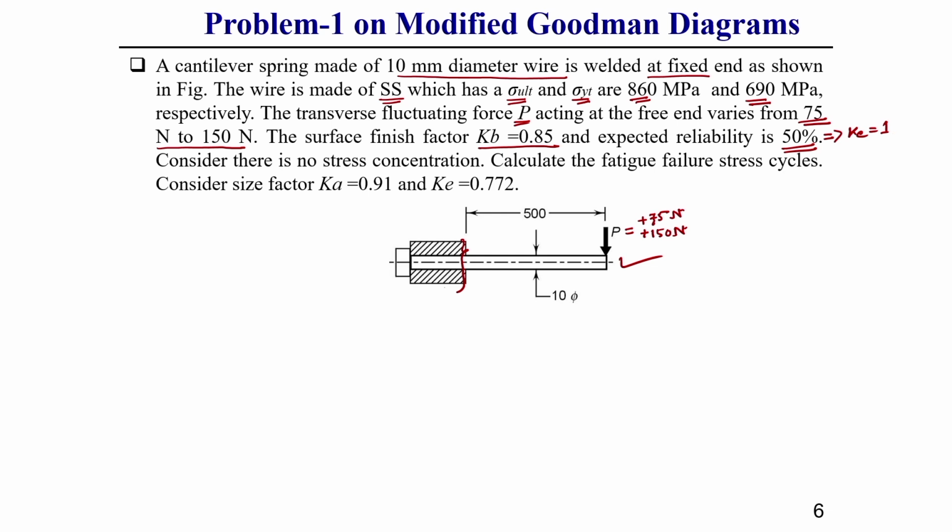The stress concentration factor due to welding, represented as Ke, is considered as 0.772. And this load is a bending type of load. In case of a bending type of load, the load factor here is equal to 1. This you should keep in mind.